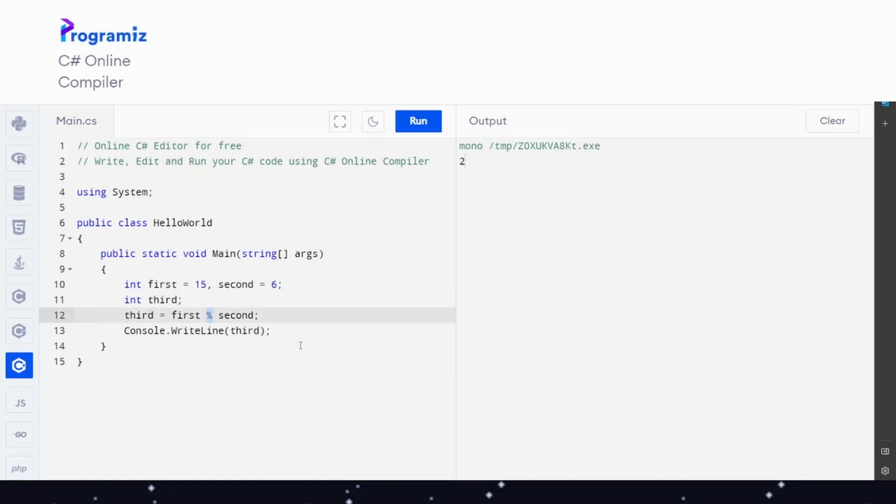We have the percent sign. The percent sign in our case is the so-called modulo, or it's the residue value. Here we get 15 residue 6 equals 3. This means if you divide 15 by 6, then we get 2 and 3 residue.